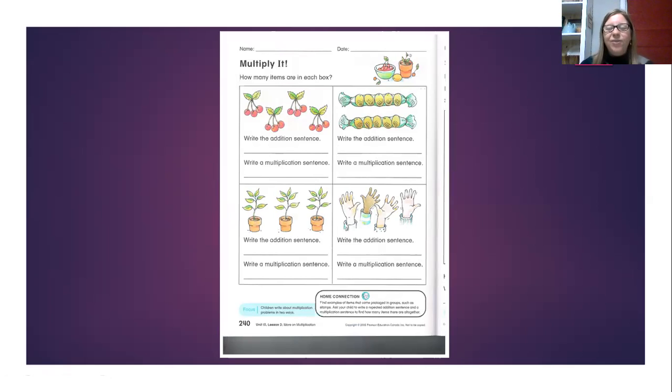This time they have drawn pictures for you. You do not need to get these out of your pantry or your garden or get a collection of people to do the last of the boxes here. It has a question at the top that says, how many items are in each box? Well, I see that there are bundles of cherries here. How many cherries are in each group?